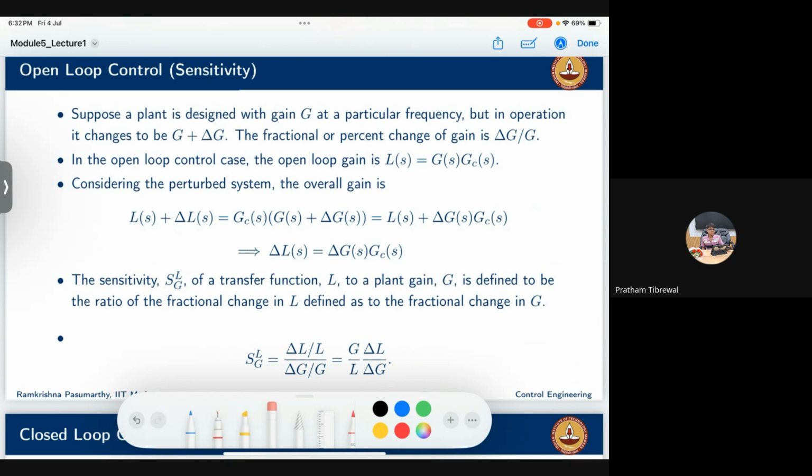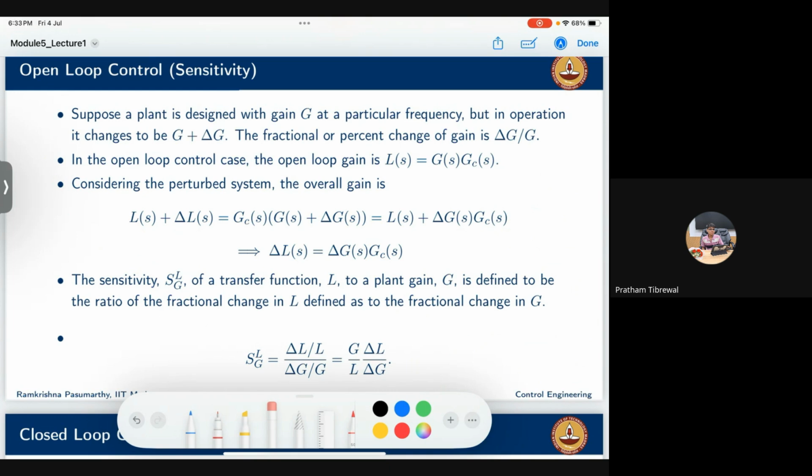If your system is very sensitive, it will change its output response for any minimal change in the input or in the disturbances. If your system is less sensitive, your output response is not going to be affected much. I'm not saying it is not going to change at all, but it is not going to change much based on a change in input or in the disturbances.